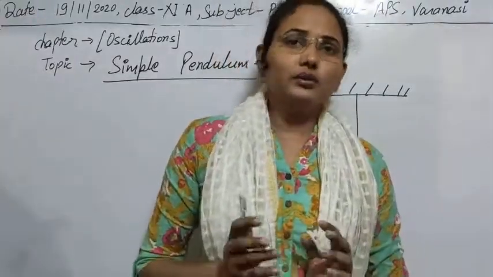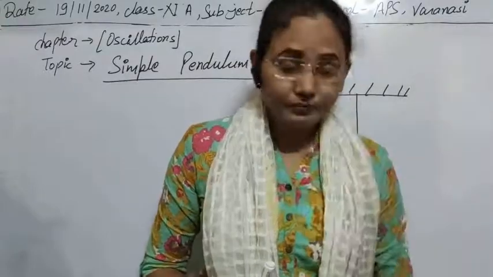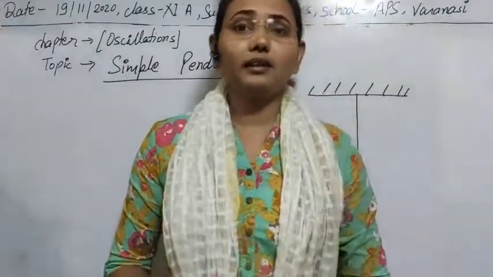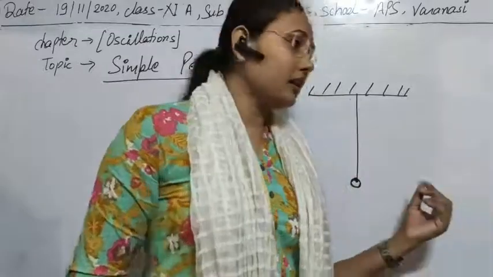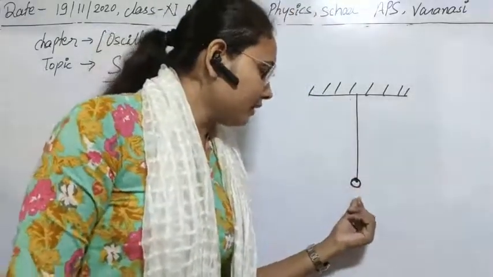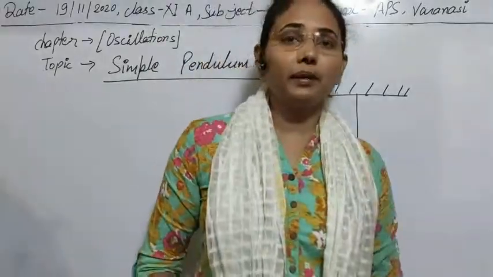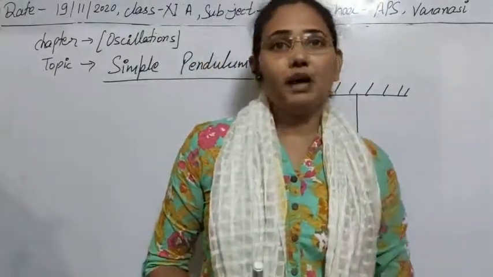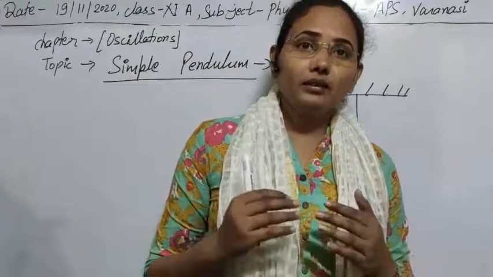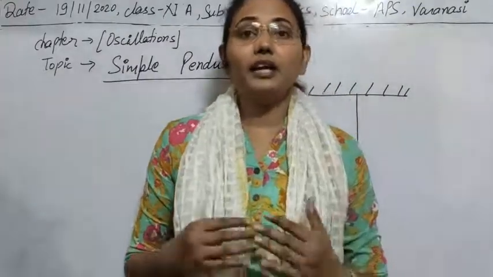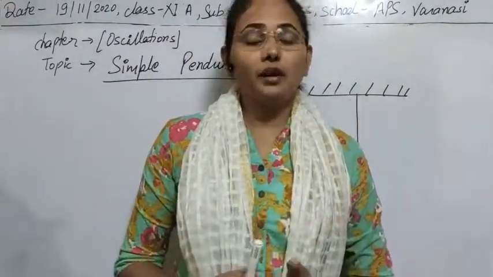And as you know, for practical purposes it is impossible to attain a point mass for the suspended particle. A heavy point mass is not possible. If the body is heavy, then definitely it will have some shape.